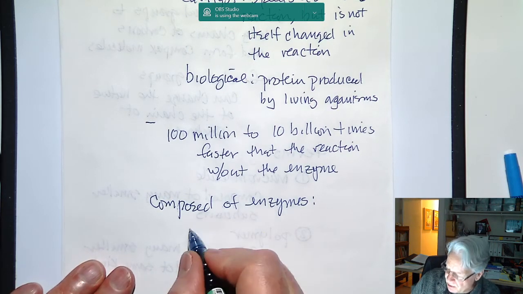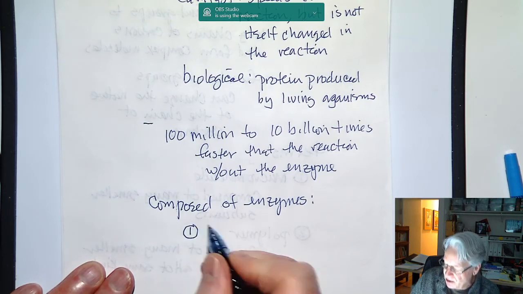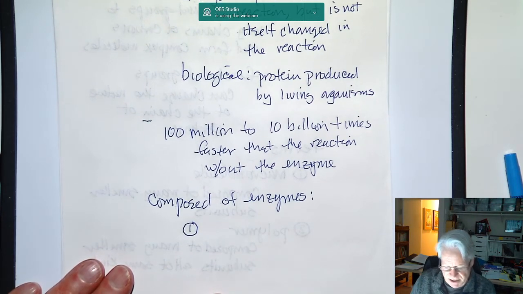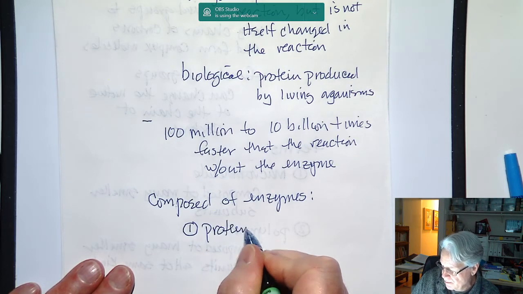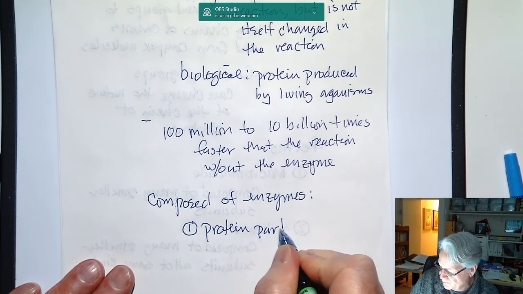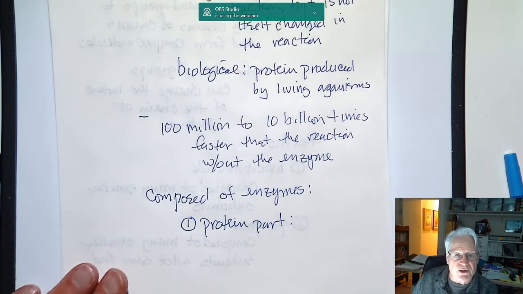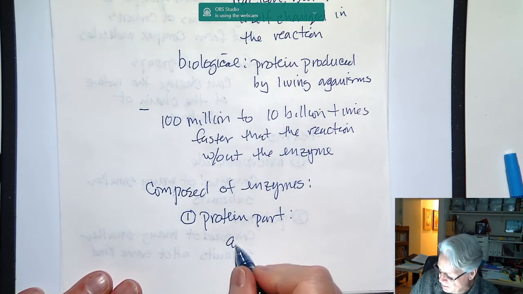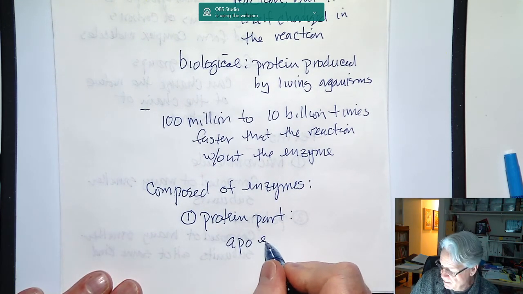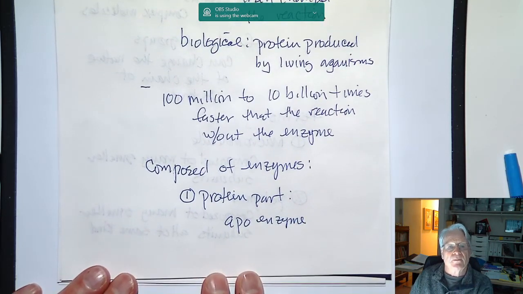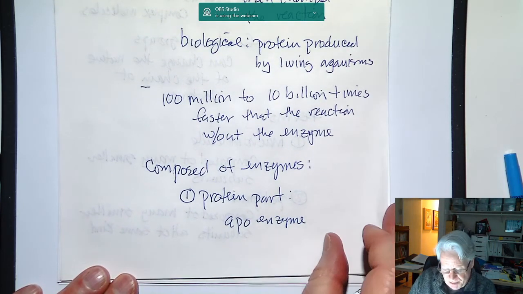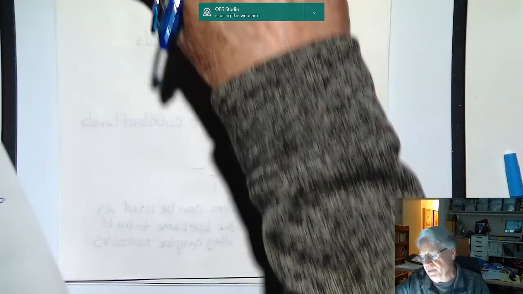It turns out that there are two parts to enzymes. There is the protein part, which is referred to as the apoenzyme. And there is another part, which is a non-protein part.